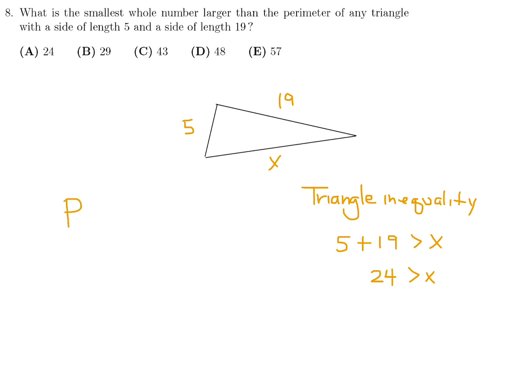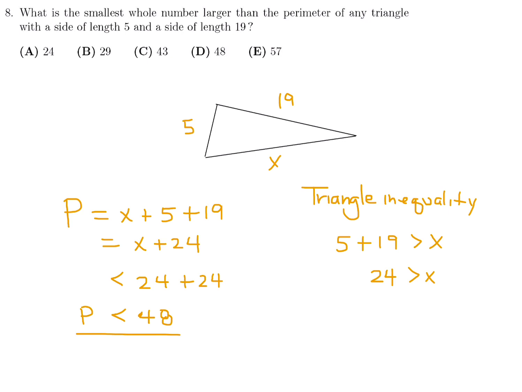So now they're talking about the perimeter. The perimeter of this particular triangle is X plus 5 plus 19, which is X plus 24. Well, X is less than 24, so this must be less than 24 plus 24, which means it's less than 48. Perimeter is less than 48.